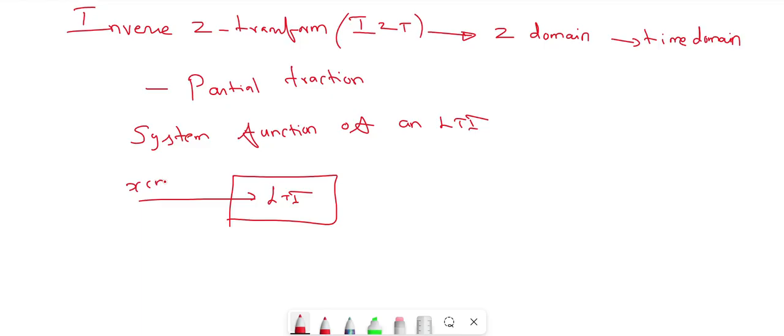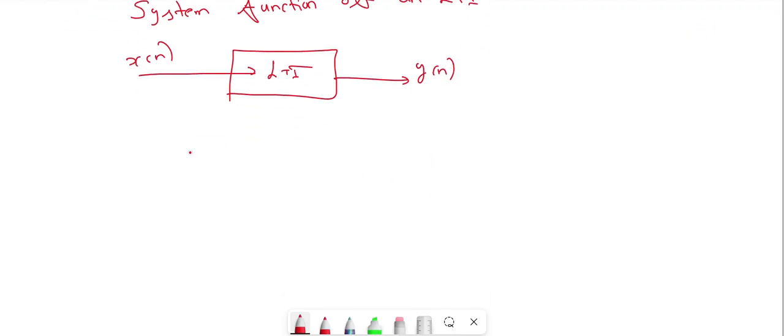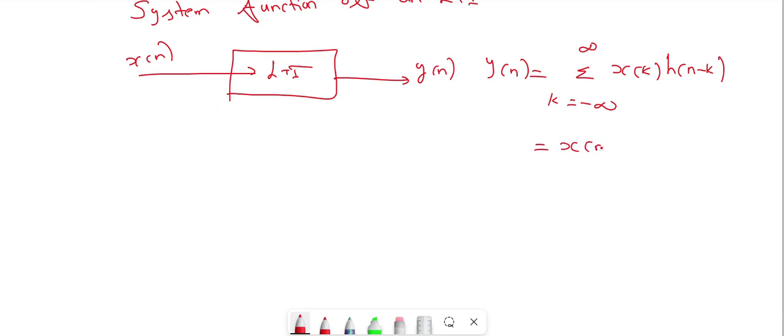So x of n is the input, and this is y of n. So y of n is equal to the summation of k equal to minus infinity to plus infinity x of k into h of n minus k. That is a convolution, x of n convolved with h of n.